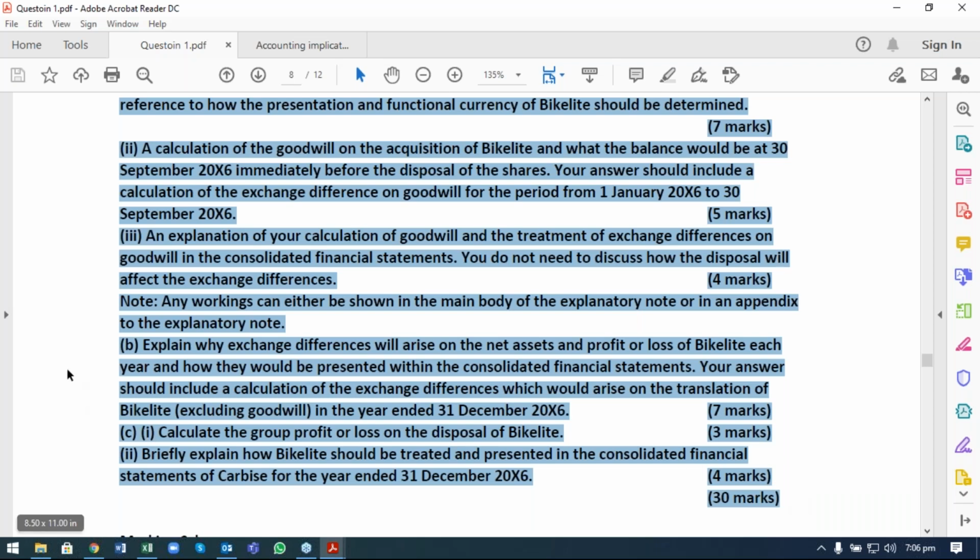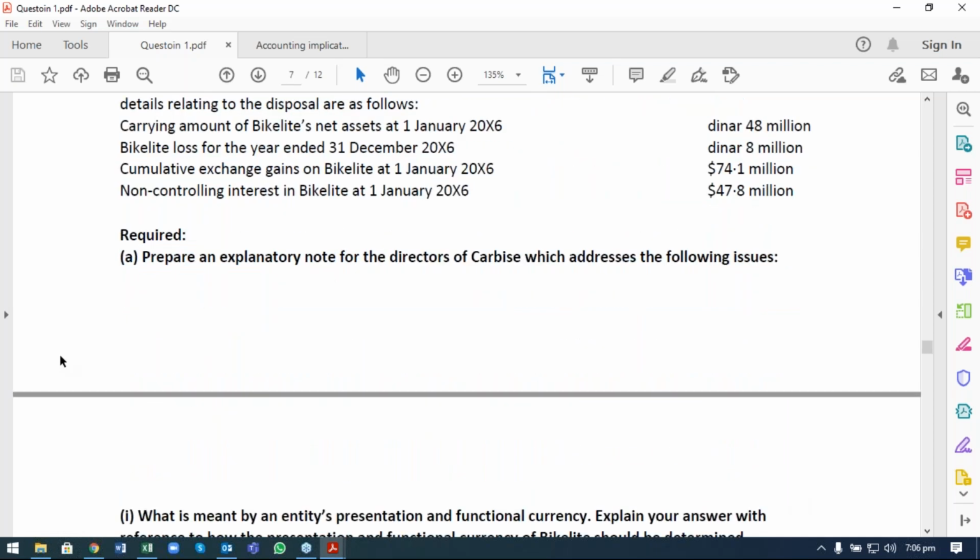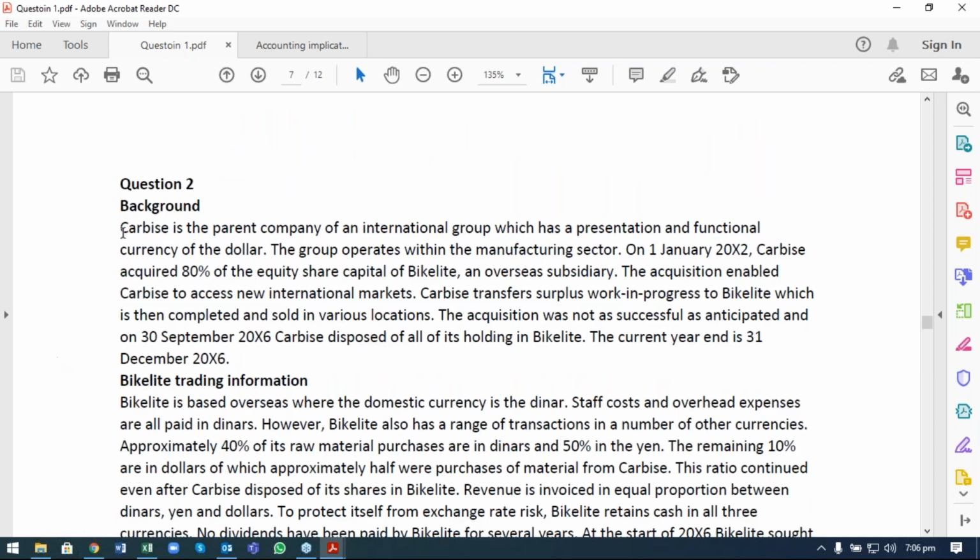Let's move back to the scenario that we'll be looking into. The background mentioned in the scenario is that Carbise is the parent company of an international group which has a presentation and functional currency of the dollar. The group operates within the manufacturing sector.